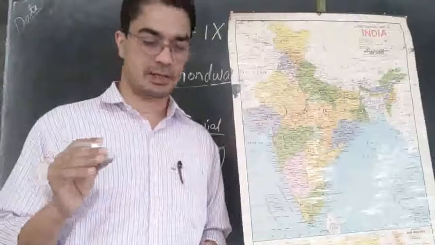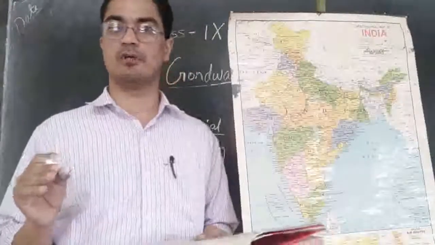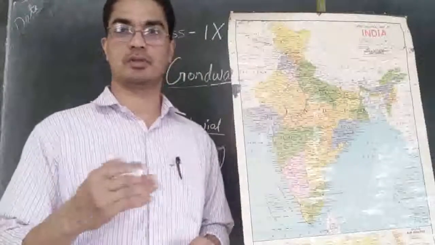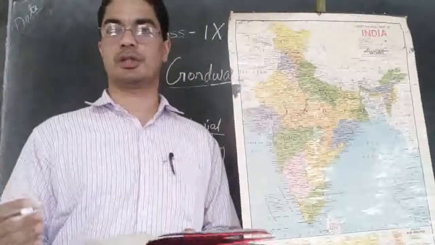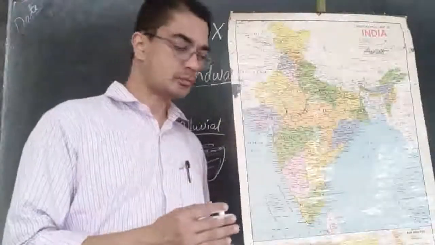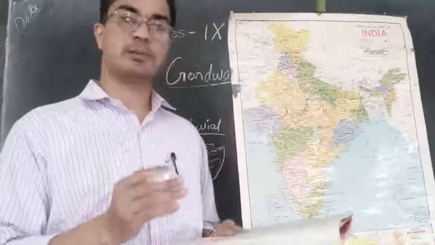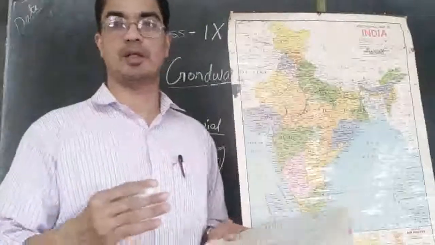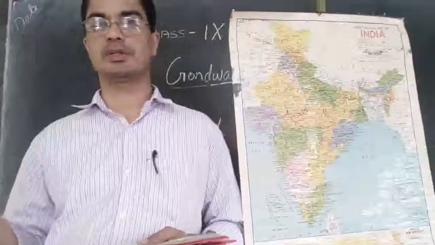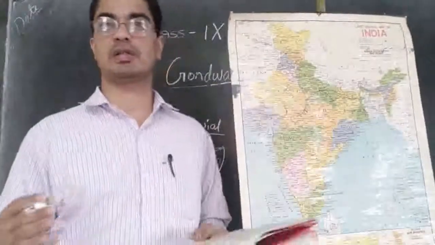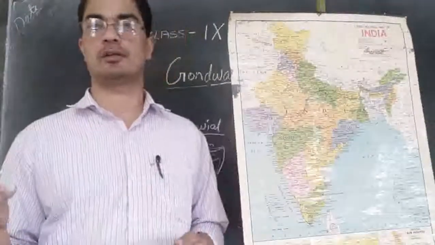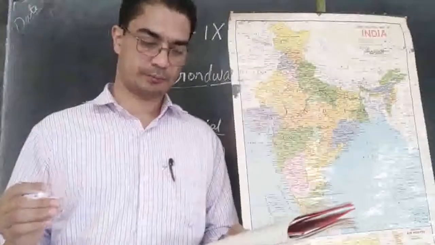It is very unsteady. What is the reason? We said the soil is of recent origin, while the Peninsula Plateau is the oldest, and that soil is very hard. But the soil of the Himalayan mountain and the northern plains is all very fresh soil, not very old.